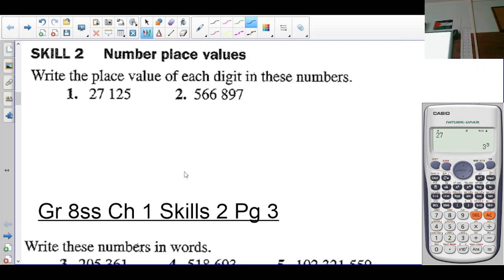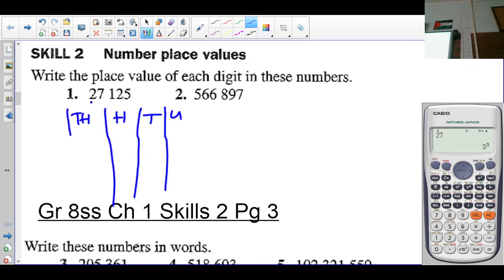So if I look at the first one, you got the 2. What does the 2 represent? Ten thousands. So firstly we've got units, then tens, then hundreds, then thousands, then 10,000s, then 100,000s. Not so?